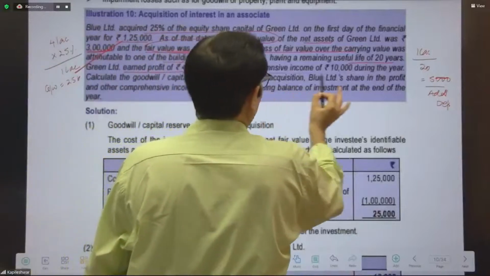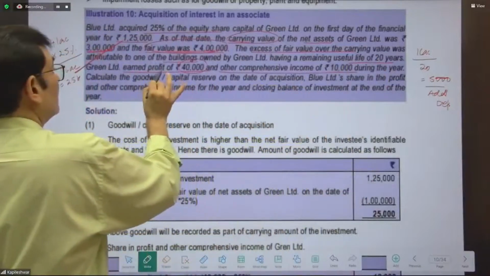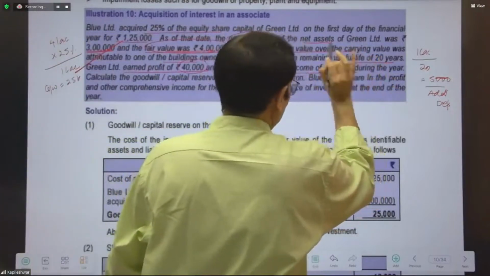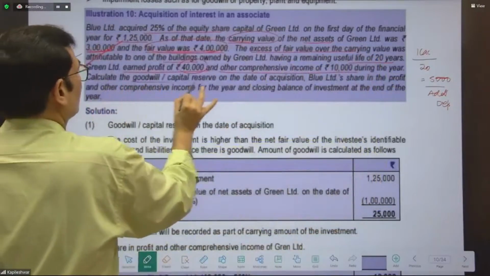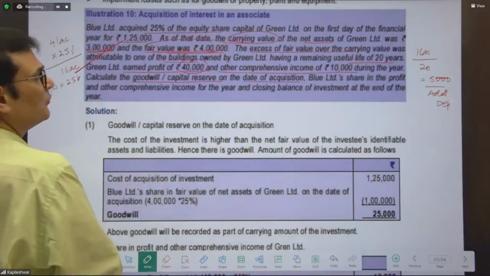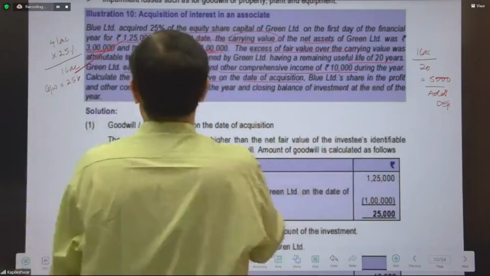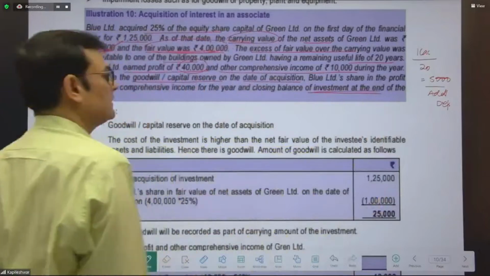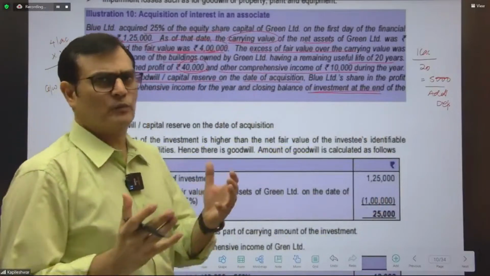And then it says other comprehensive income of 10. So they've earned a profit of 40 in the P&L section and 10,000 in the OCI section. Calculate the goodwill or capital reserve on the date of acquisition, which we've already done, 25,000, and Blue's share in the profits and OCI for the year and the closing balance of the investment at the end of the year. Now, let's do one thing.